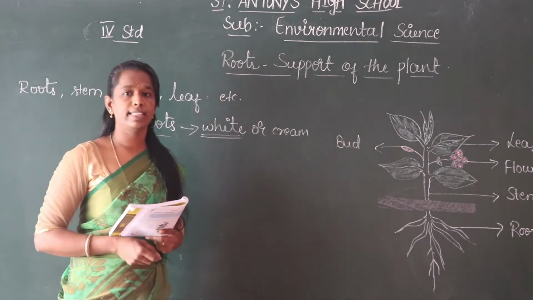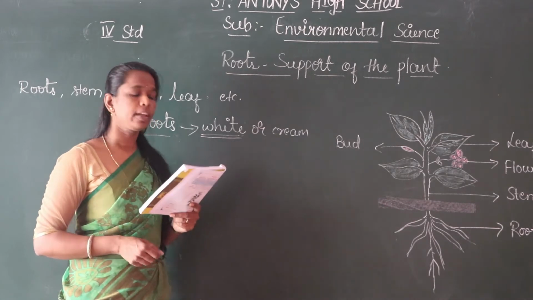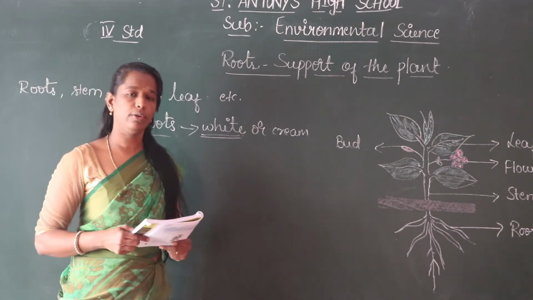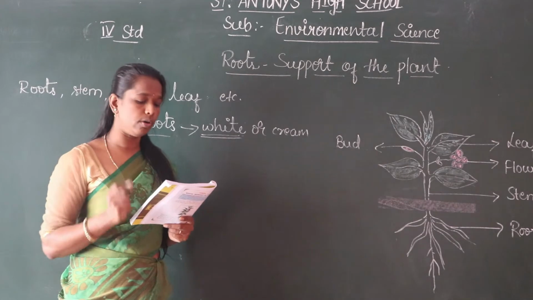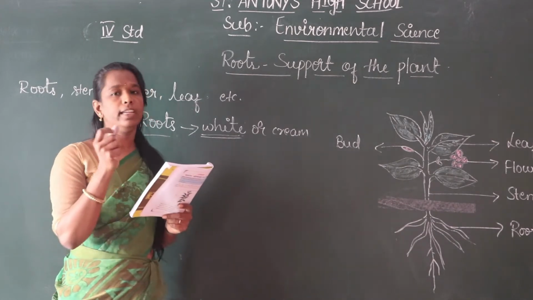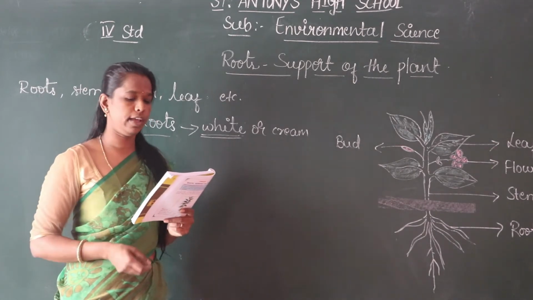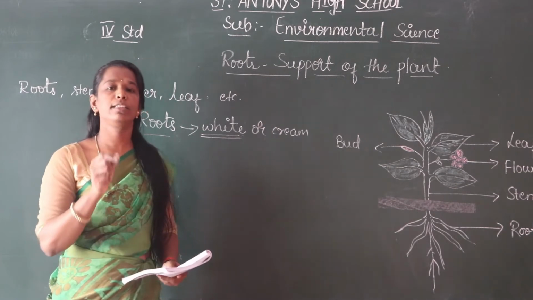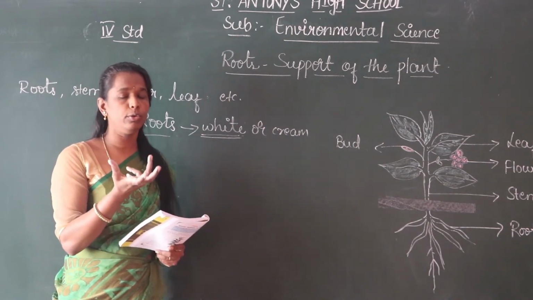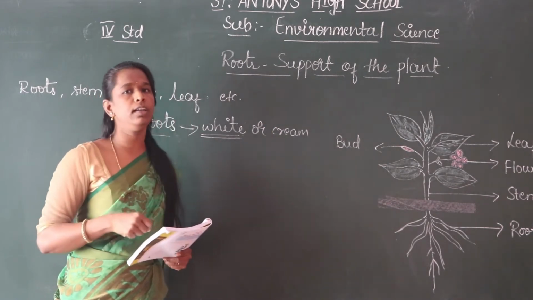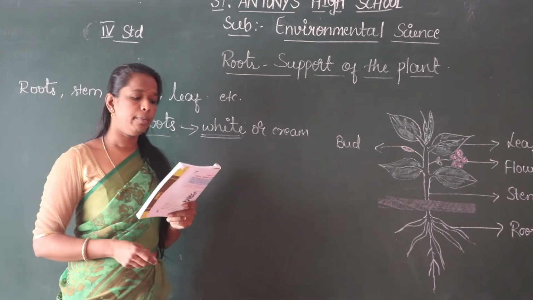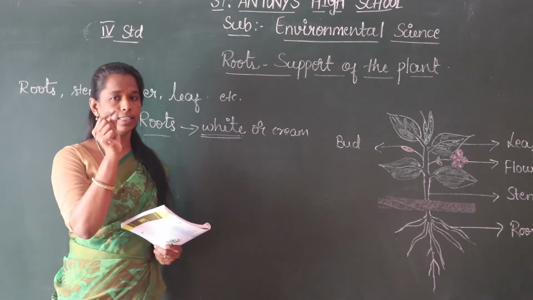See, here is one example. Our activity: take 2 coconut shells, or a box. Fill both of them with soil. Put some ragi or paddy. You know ragi seeds.